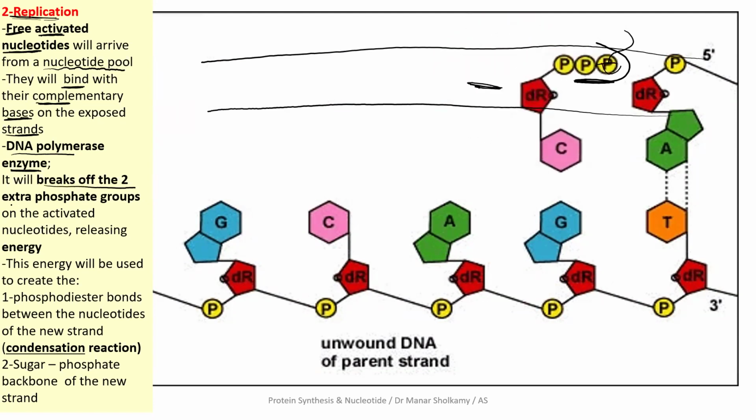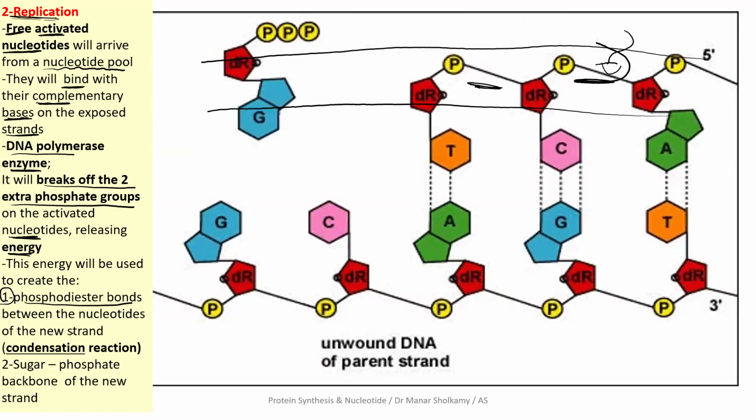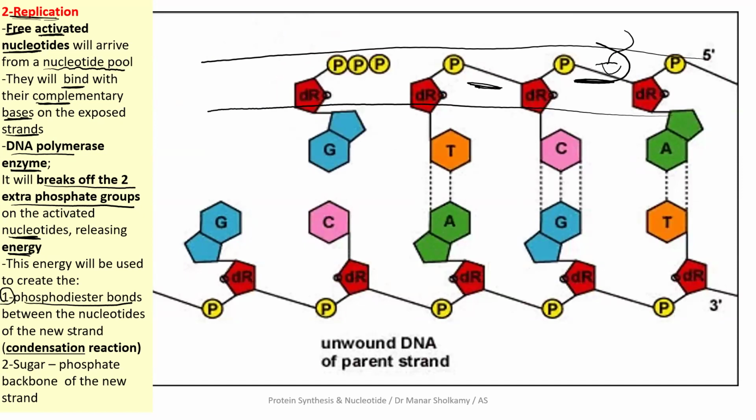It breaks off the 2 extra phosphate groups on the activated nucleotides. This releases energy, and this energy is going to be used to create the phosphodiester bonds between the nucleotides of the new strand. And the making of these bonds releases water, and it's a condensation reaction, creating the sugar phosphate backbone of the new strand.